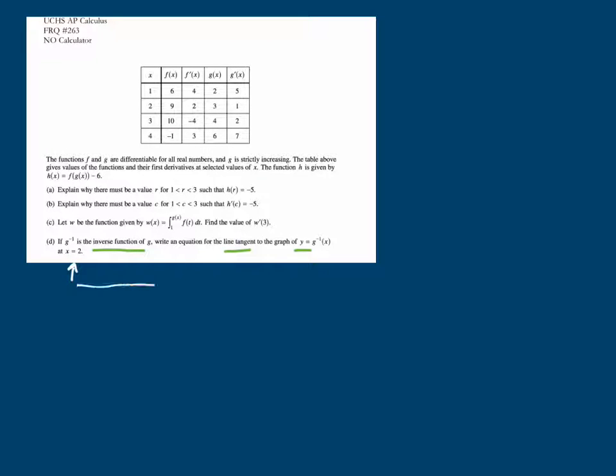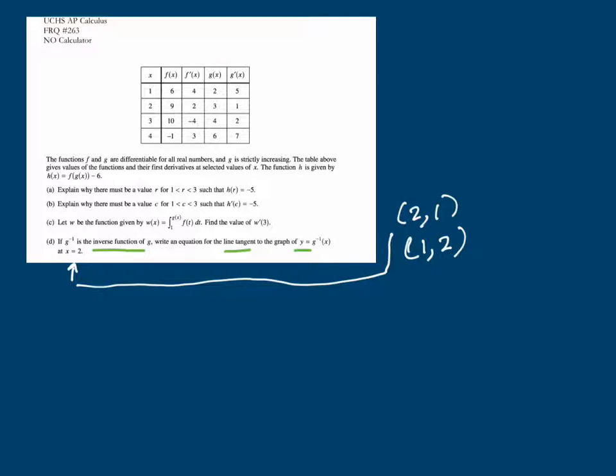All right, inverse, we need to remember, is you look for the y that is 2 and give yourself the x. So we're talking about g. So what x gives us a value of g of 1? We were talking about the point (2, 1), and now we're saying (1, 2), right?